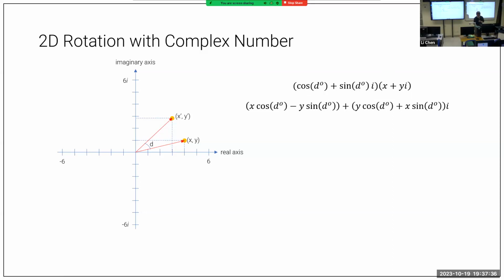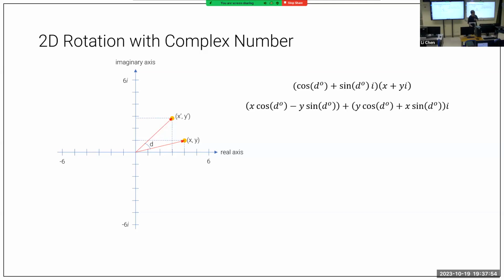Just in case you do not know complex numbers, you only need to know this and then you can do the calculation. You can check whether this formula is the same as this one. They are the same. So that's how we do rotations in 2D.